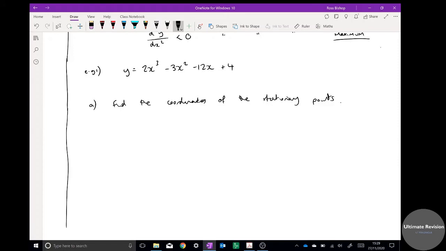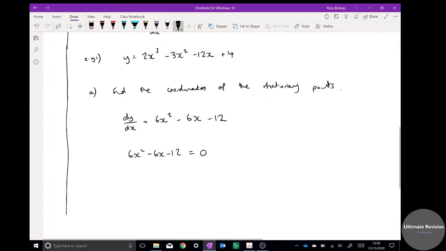So first thing you do, you find dy/dx. We find the gradient function, and the gradient function for that is going to be 6x squared, 3 times 2 is 6, minus 6x minus 12. Now if it's a stationary point, I just know that it's when the gradient is 0. So it's when the gradient function equals 0, and I solve this equation.